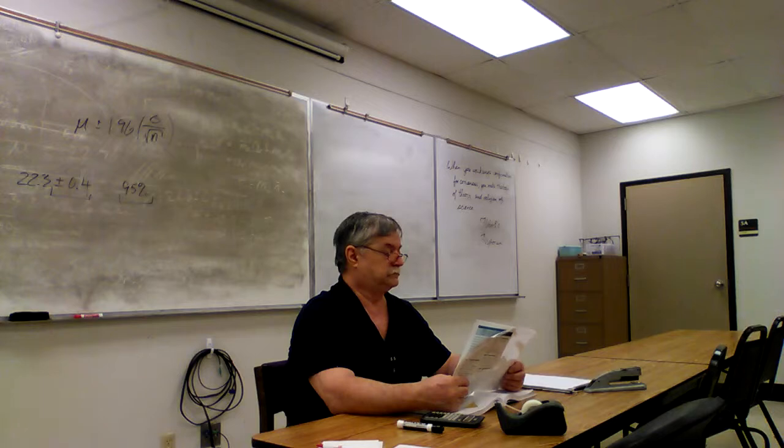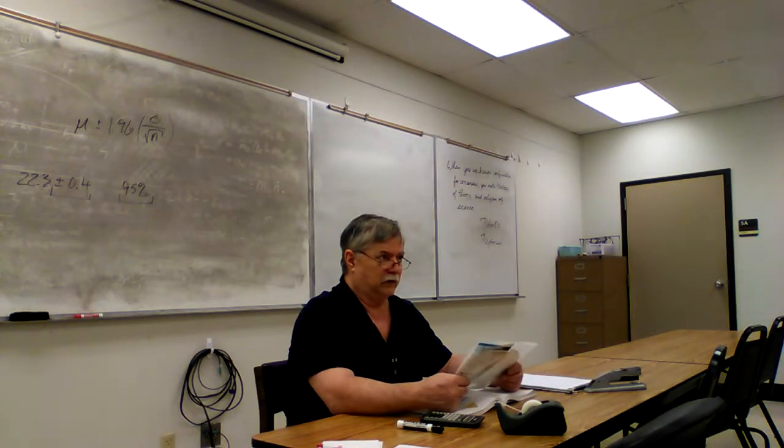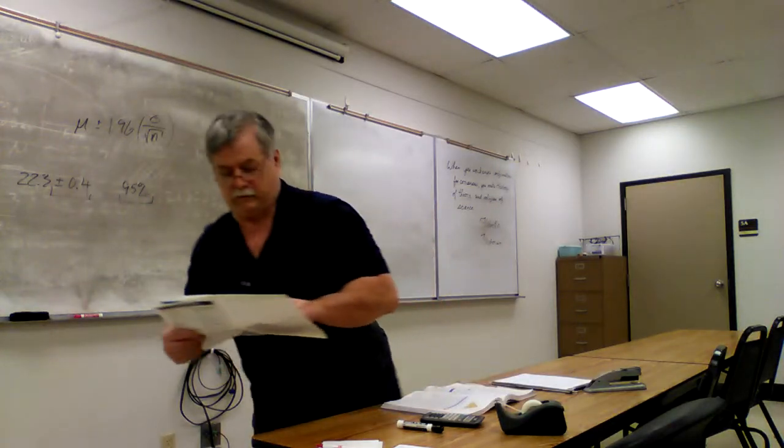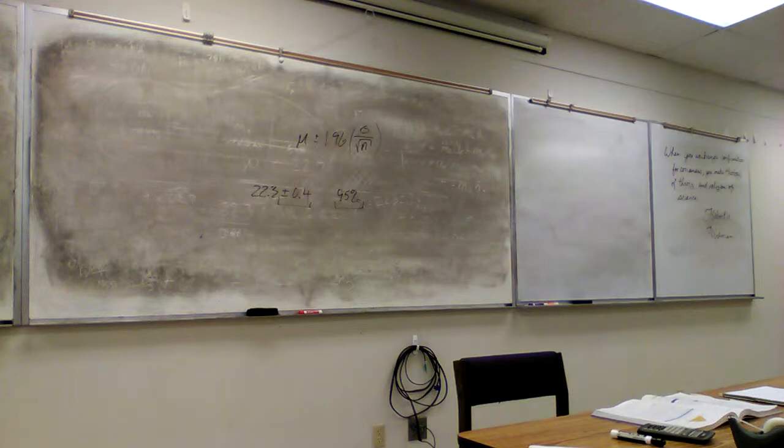Well, that means the alpha, if we're looking for a 95% confidence level, alpha would have to be 5%. And 5% divided by 2 would be 0.025. Where do we find that? If you look at this chart, .0250 right there. What does that give us?